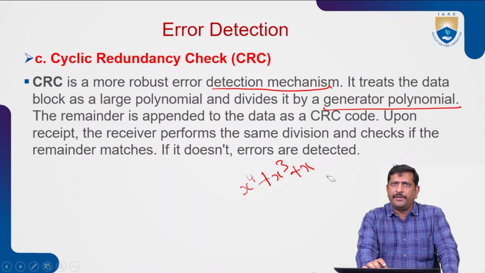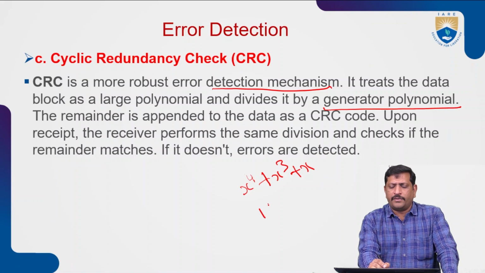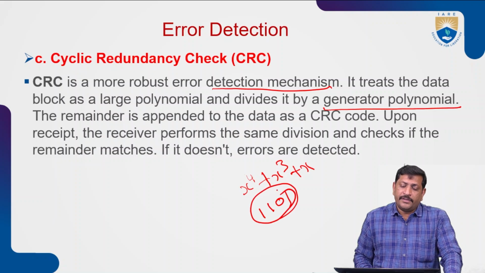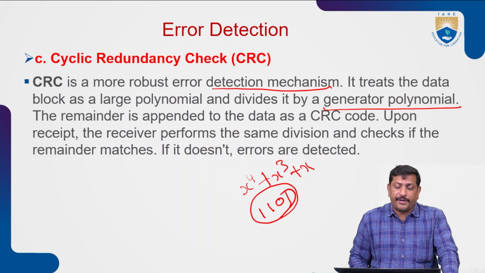The coefficient of x to the power of 4 is 1 and the coefficient of x to the power of 3 is 1. For x squared, there is no term, so 0 is used, and the coefficient of x is 1. Like this, the dividend bits can be generated.